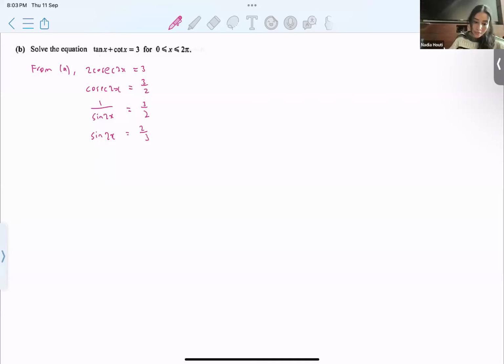So the basic angle of 2x will be sine inverse 2 over 3. And in radians, that will be 0.72973 to 5 SF.